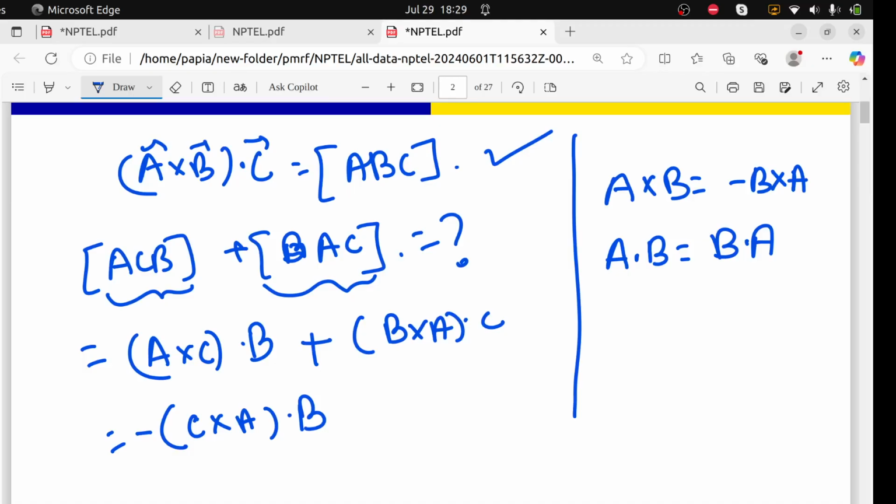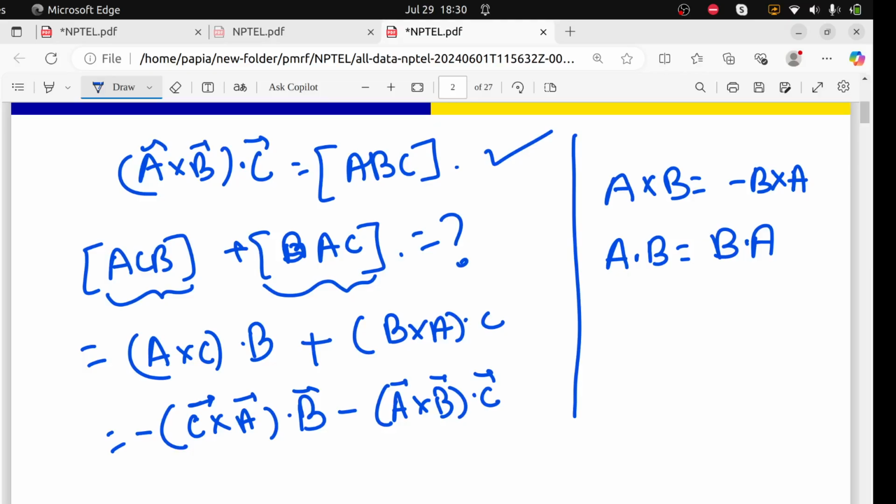A cross C was there, but if I want C cross A, I have to put a minus sign. So minus C cross A dot B. Again I can write here minus A cross B dot C, with all the arrows.